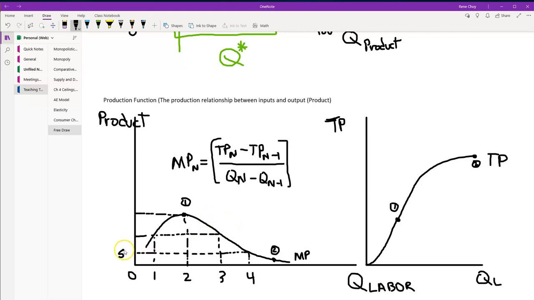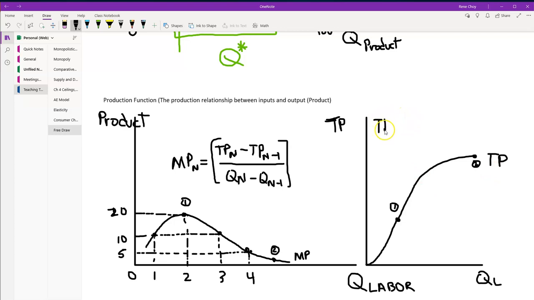Okay, let's put here 5, 10, and 20. All right, now total product.